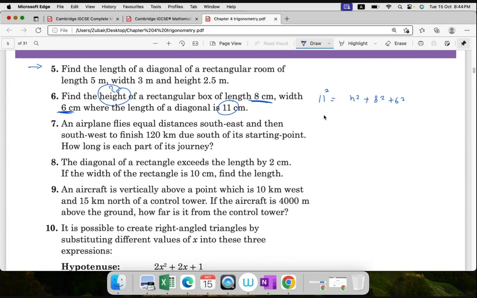So making h the subject is h square minus 8 square minus 6 square is equal to 8 square. Does that make sense? Yes, sir. So I'm getting square root 21. Height is equal to square root 21, which is 4.58 centimeters.